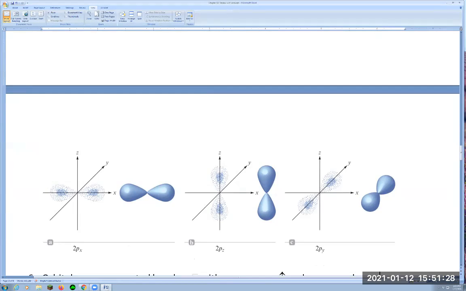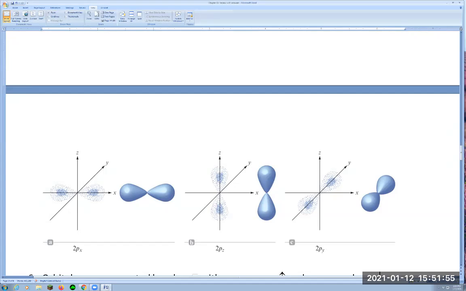And if you look at those p orbitals and then at the left side of the drawing, you see dots that represent the same dumbbell shape. It's what we call a density plot. And in this density plot, you can imagine that each dot represents an electron.